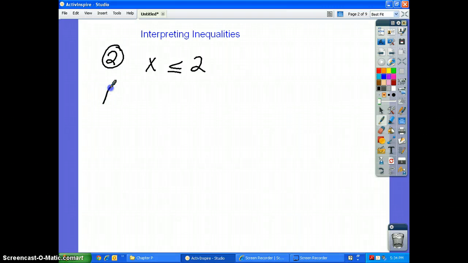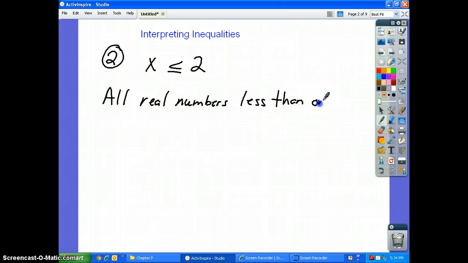This represents all real numbers less than or equal to 2. That's how you would describe it in words.